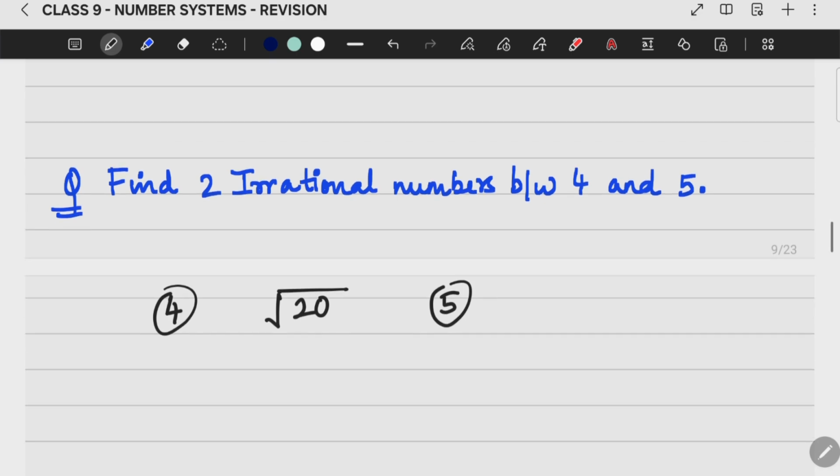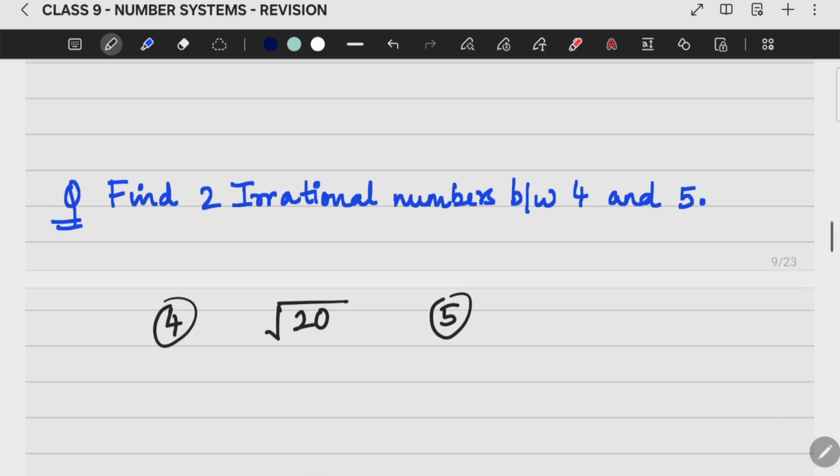This is one. If you would like to find one more or two more, you can write 4.1287690 and it goes on. That is non-terminating, non-repeating. Non-terminating, non-repeating numbers are nothing but irrational numbers.